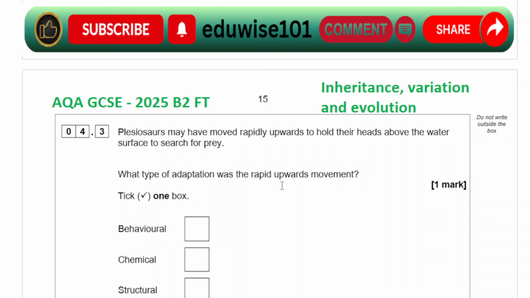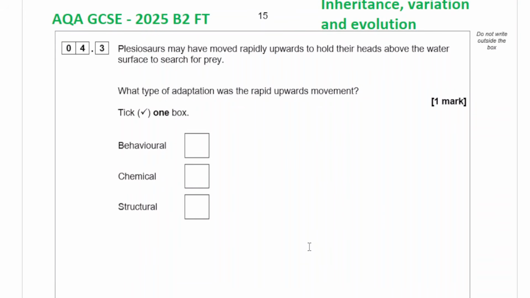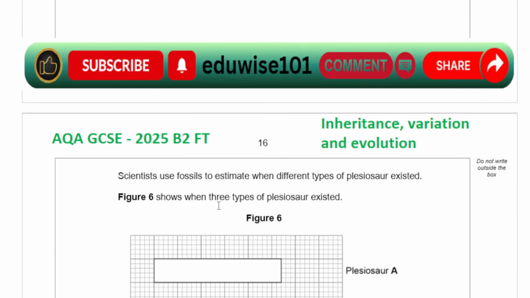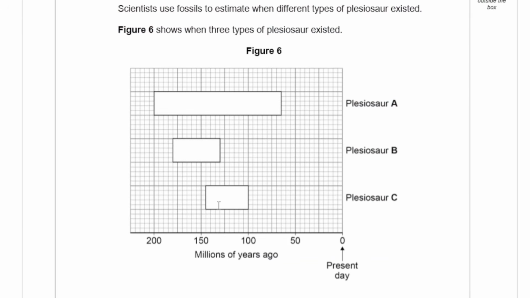Paleosaurs may have moved rapidly upwards to hold their heads above the water surface to search for prey. What type of adaptation was the rapid upward movement? That would be behavioral movement or adaptation. Scientists use fossils to estimate what different types of paleosaur existed.